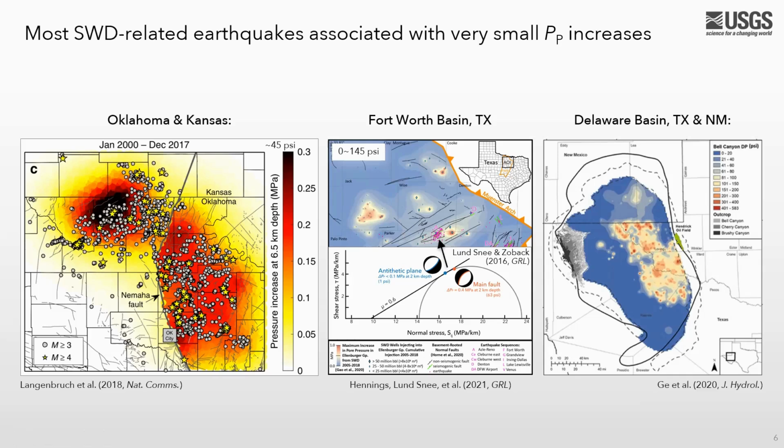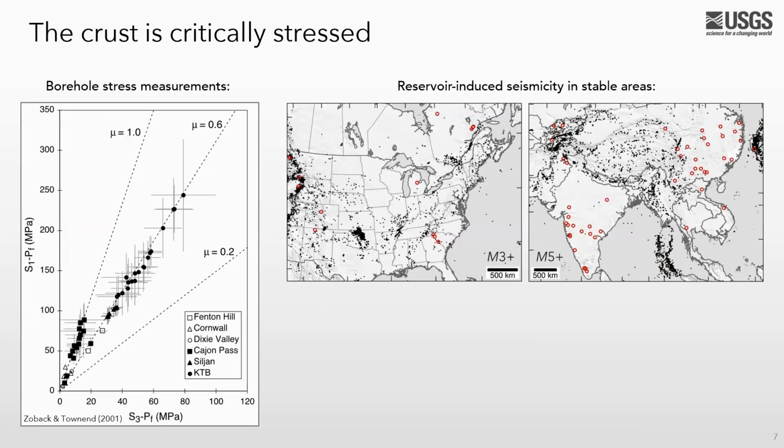And there was very little stress data at the time. So when we looked at the state of stress there, we found that the faults that failed, represented by these nodal planes on these focal mechanisms that were previously published, were basically perfectly oriented for failure and would have required a very small pore pressure increase. And we see something like that in most cases where we look at these, more or less.